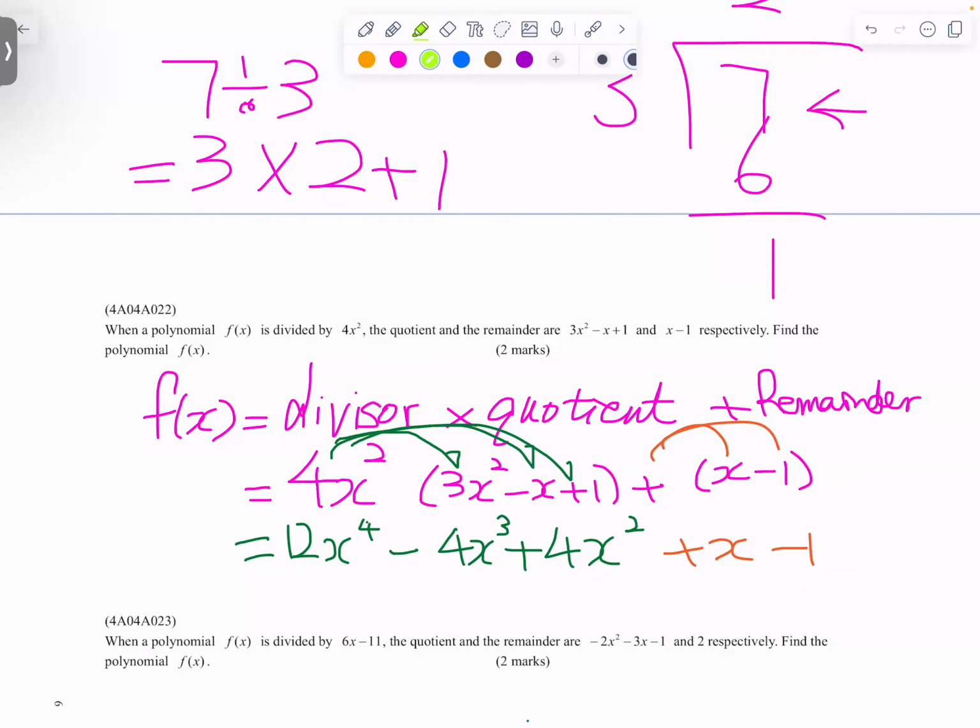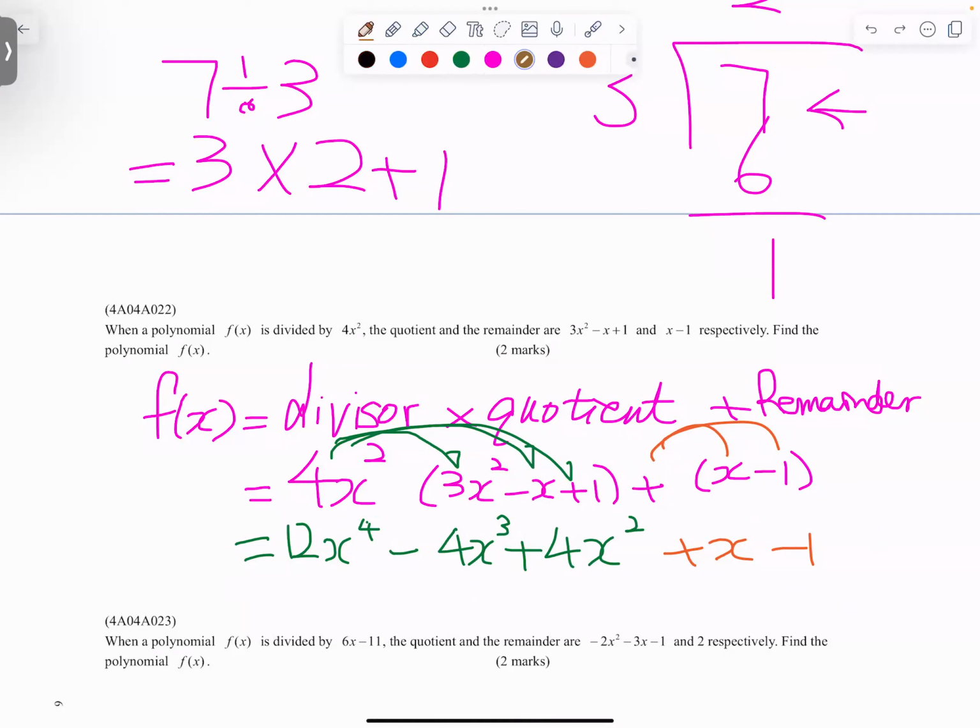Oh, there's nothing to compare in this one. Usually there is, like you need to see if there's any other x^4, you combine it, any other x cubed, you also combine it, and so on. But this time they're all already in order. Power 4, 3, 2, no power means hidden 1, and this one is 0.